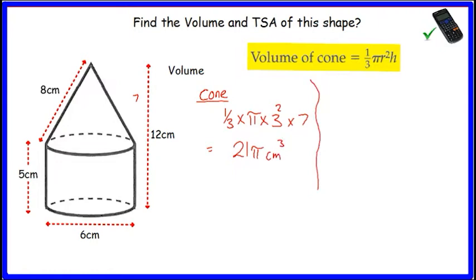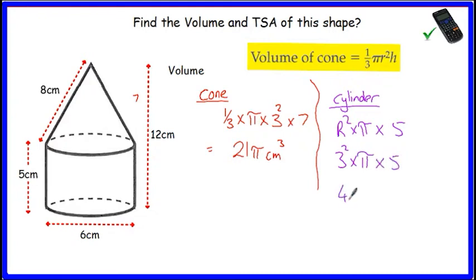The cylinder, this is a shape you should know, is radius squared times pi, that's the cross section, times the height. Radius is 3 squared times pi times 5, 9 times 5 is 45 pi. So I'm doing these questions without a calc. This would be my answer, centimeters cubed.